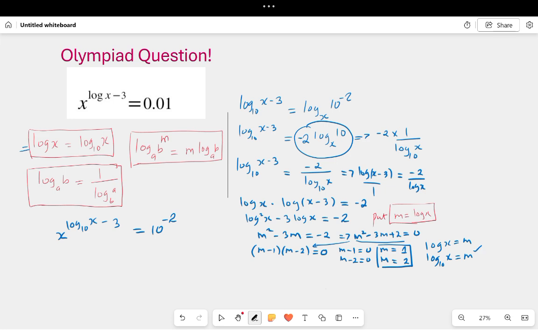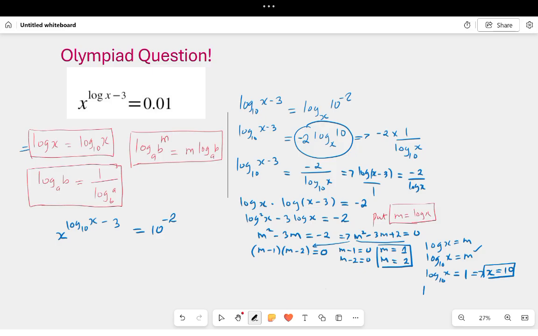Okay. Now, we want to find x. Logarithm to base 10 of x is equal to 1, and therefore x in this case will be equal to 10 to the power 1, which is just equal to 10.